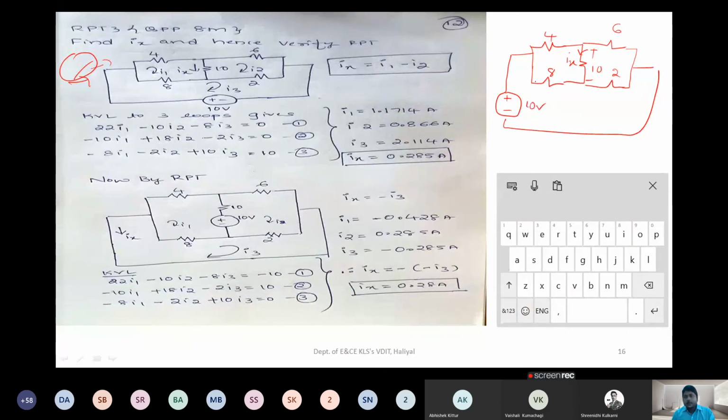Okay. Are you getting this point, everybody? See, what we do in the theorem is we just interchange the input and output. So if they are in parallel, it will be very easy, you just interchange. Okay. So if I want to interchange in the next step, I can directly take this here and I can directly take this current here.